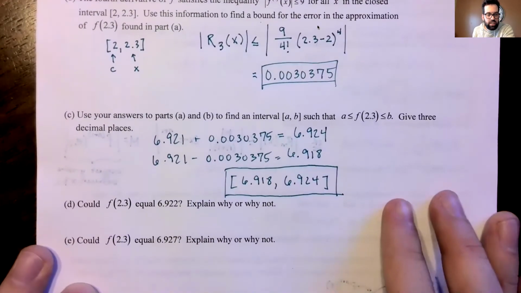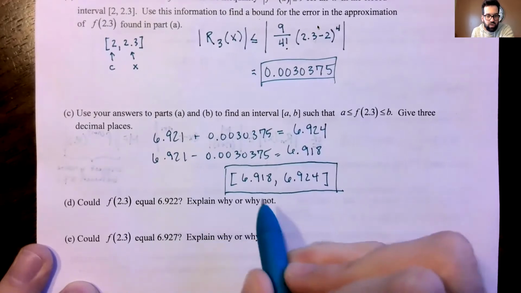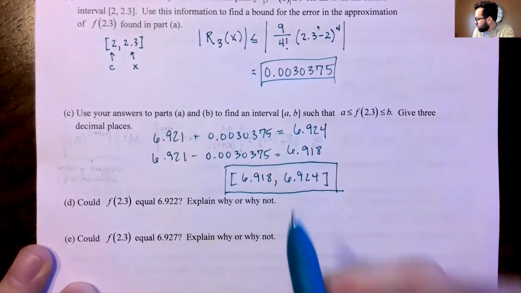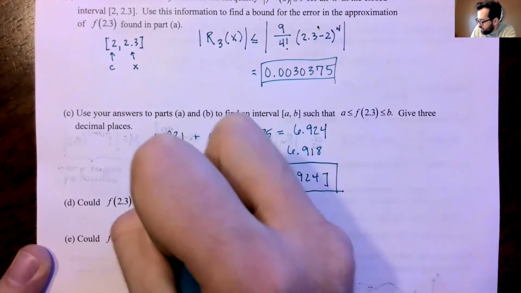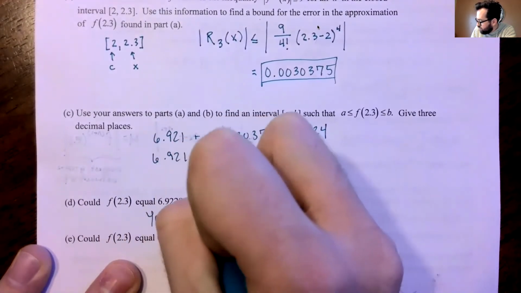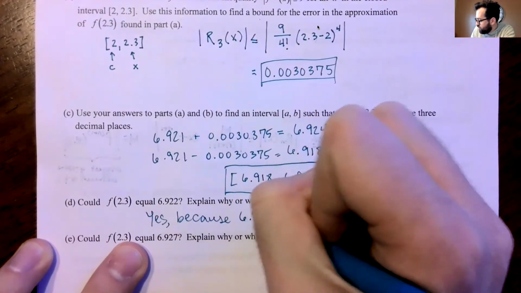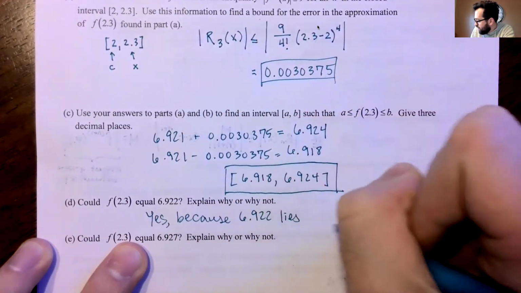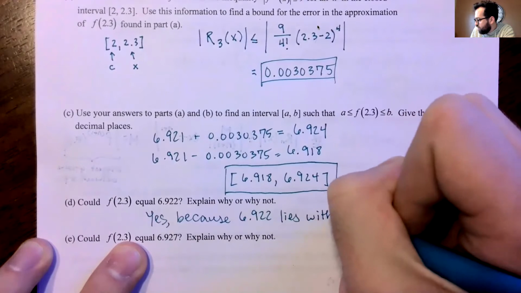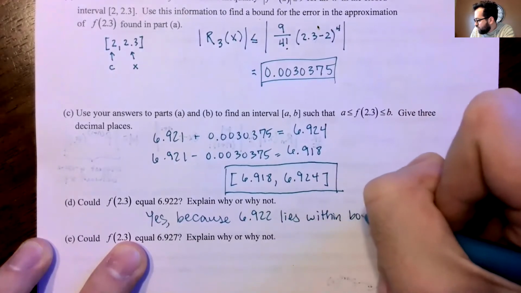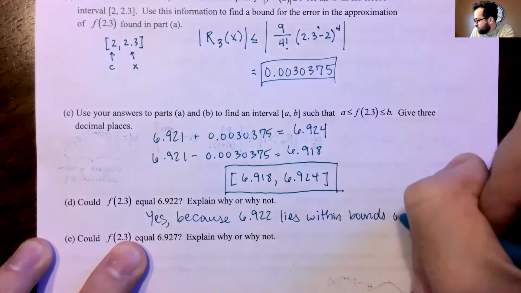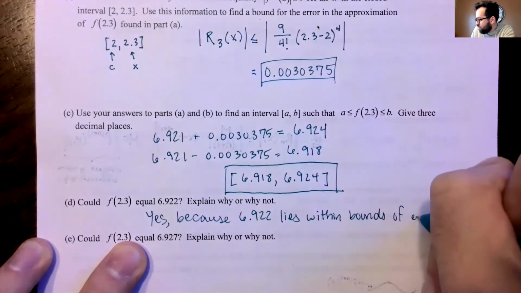Okay, so part D, could f of 2.3 equal 6.922? Well, is that in our interval? Yes. So we would say yes, because 6.922 lies within our bounds of approximation, or the bounds of our error.